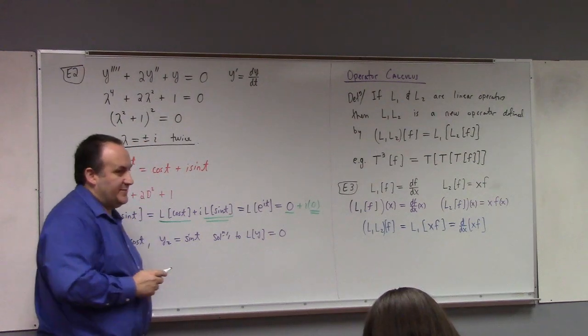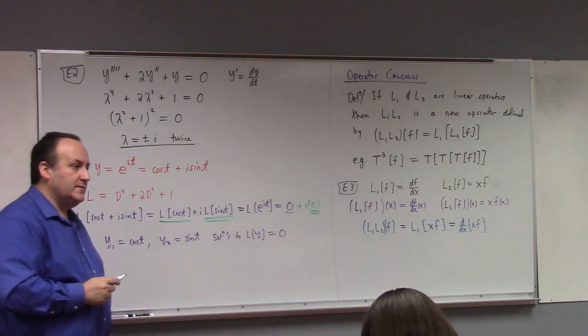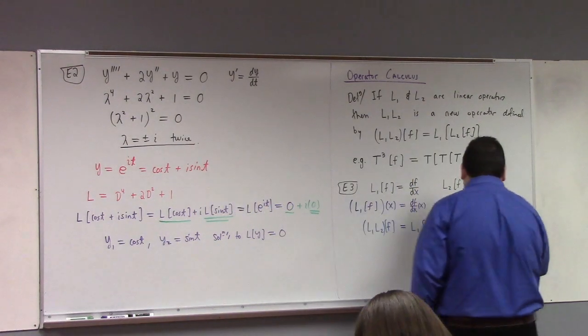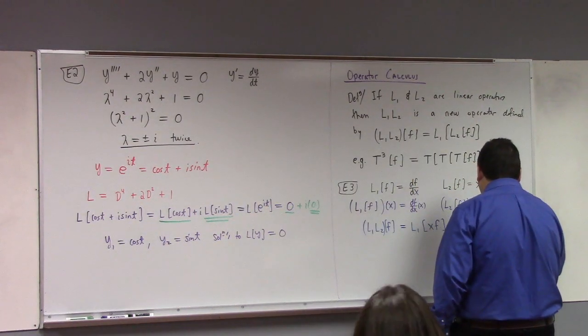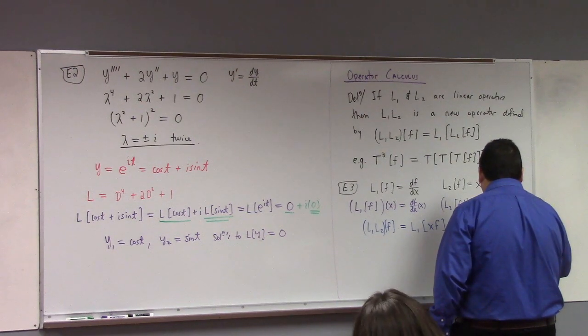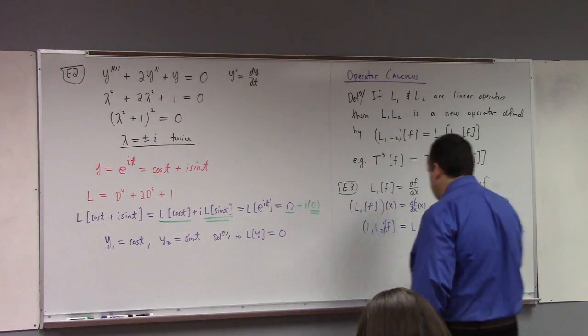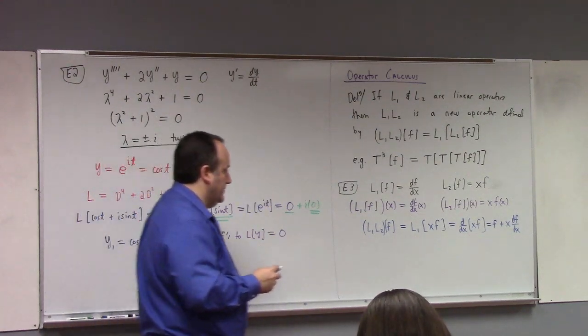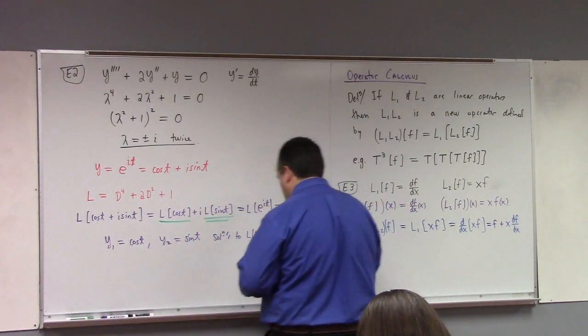What is the derivative of x times f? This is a product rule. So what you have here is dx dx, which is 1. So I get f plus x times df dx. On the other hand, if I do L2 L1, what happens?